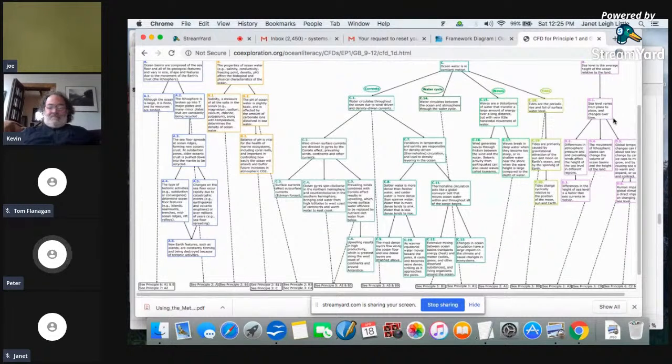And even the term system and system models does not really get at the richness of system science at all. It just talks about parts making up a whole.